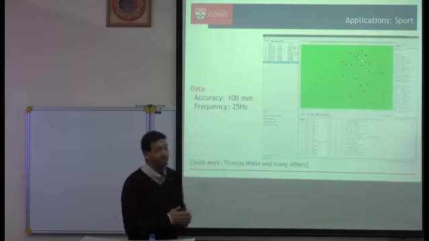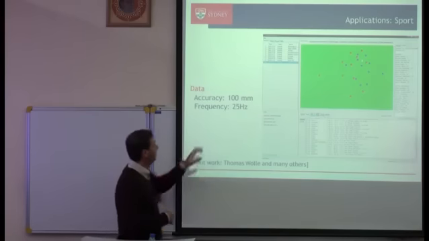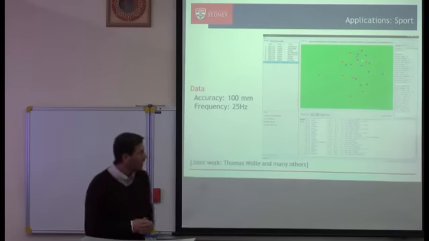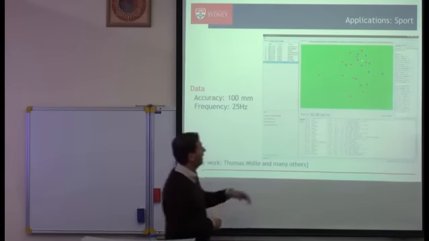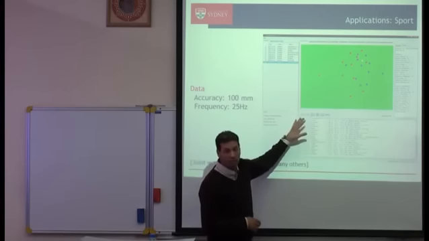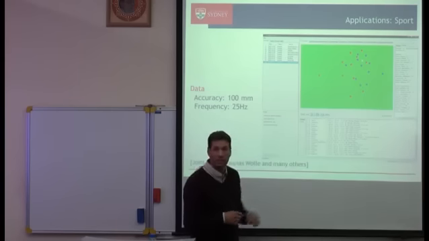Okay, here we have another example. So this is a football application. So again, we get all the players, the ball and the referee, tracked with 25 hertz. And in this case, you actually get a lot of extra information. So you don't only get the XY coordinates and the timestamp, but you also get all the events.